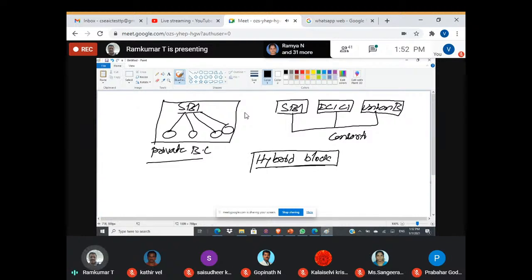So my project resides in both categories. I require some of the data in public and some of the data private. That is what we call a hybrid blockchain. These are the various types of blockchains.